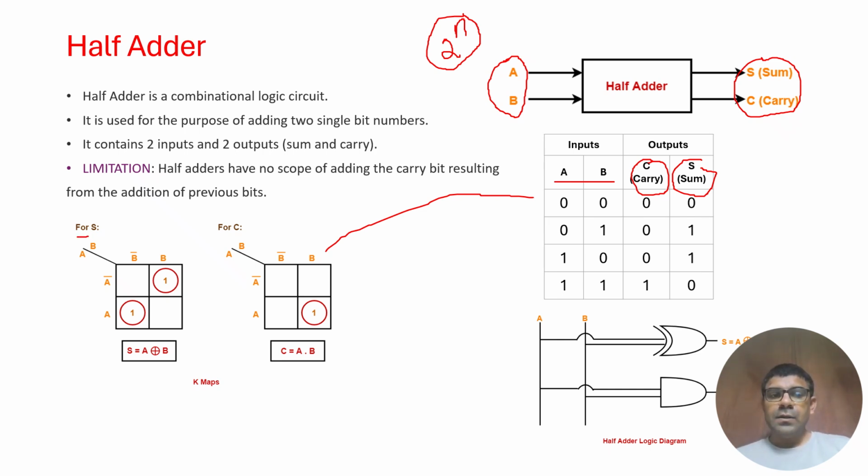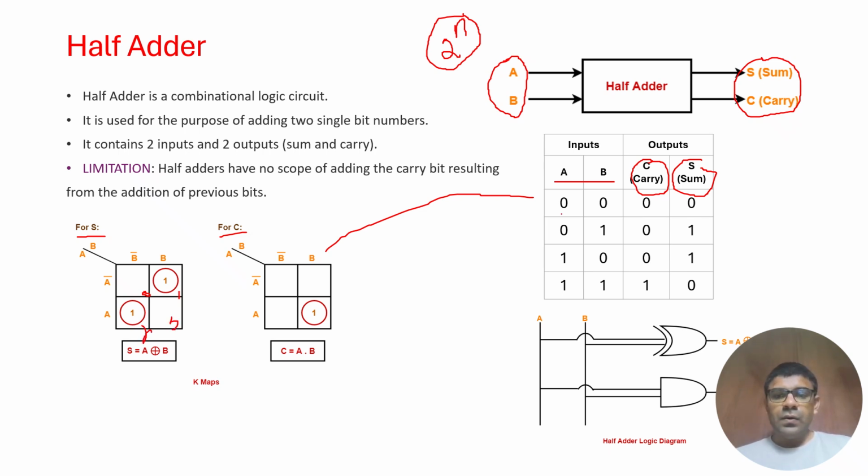Design 2 separate 4-cell K-maps, one for sum, another one for carry. Under that 4-cell K-map, we know the K-map structure: 0, 1, decimal order 0, 1, 2, 3. Just fill in the values accordingly.